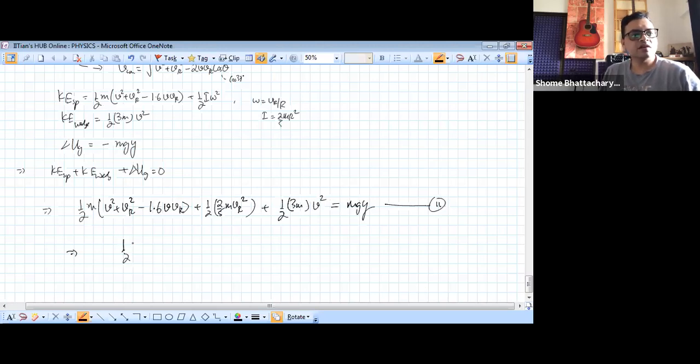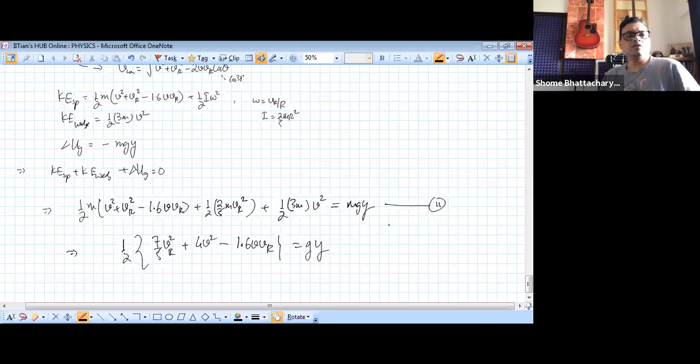So write this as half into 1 plus 2 by 5, so that's how much, 7 by 5 V relative square, plus 1 plus 3, so that's 4 V square, minus 1.6 V into V relative is equal to gy. Cancel the m's.